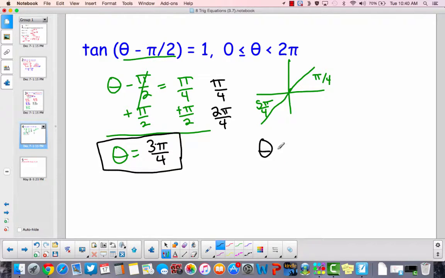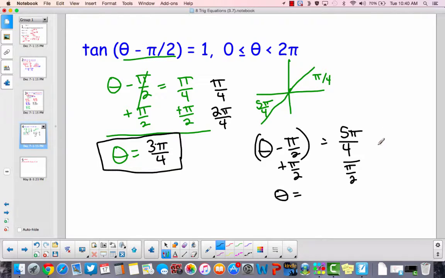So if this whole thing is 5 pi over 4, then the tangent of that will be 1. So again, solve for theta. Add pi over 2 to both sides. So we get theta equals, again, if you need to, make these common denominators.